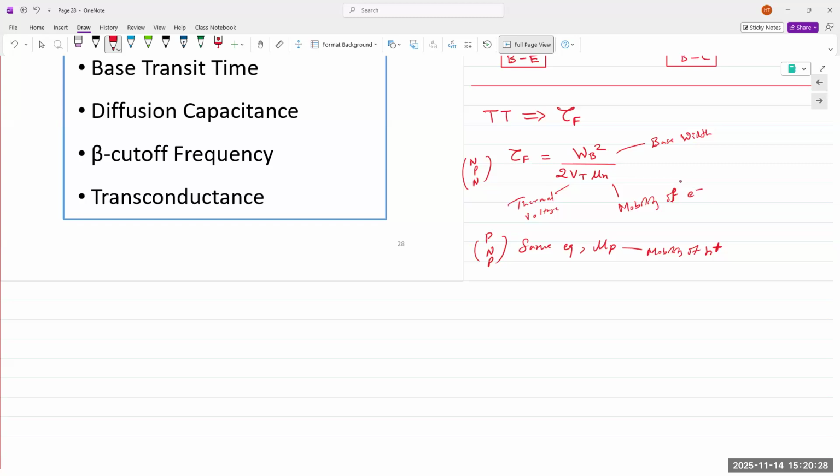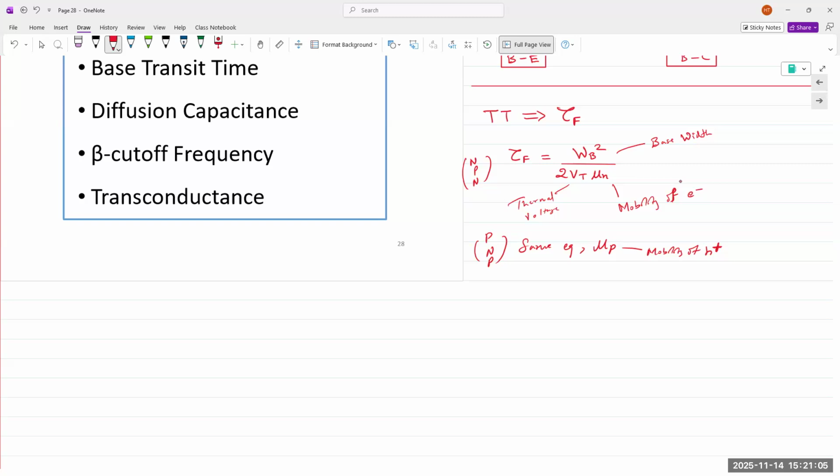Mobility of electrons is 2.5 to 3 times that of mobility of holes. So devices where the primary carriers are electrons would tend to be much faster. In NPN transistors, the primary carriers are electrons. So for a given specific geometric shape and doping profile, an apples-to-apples comparison, an NPN transistor would be faster than a PNP transistor.